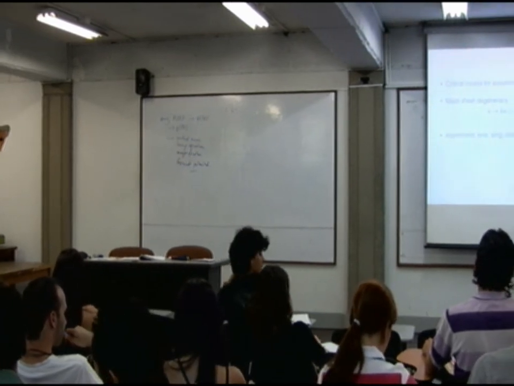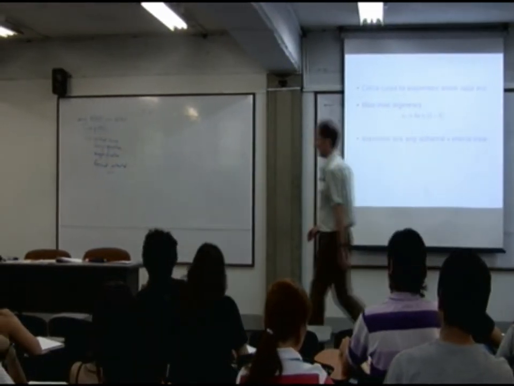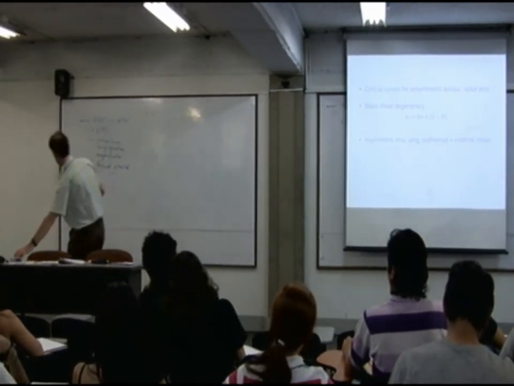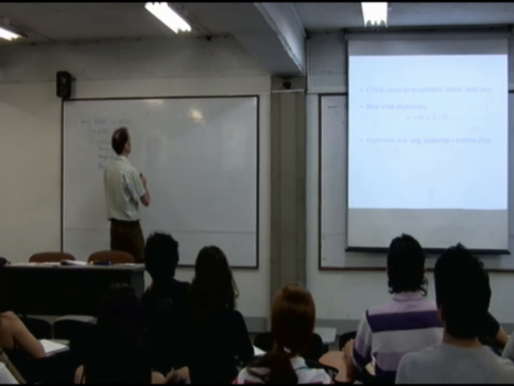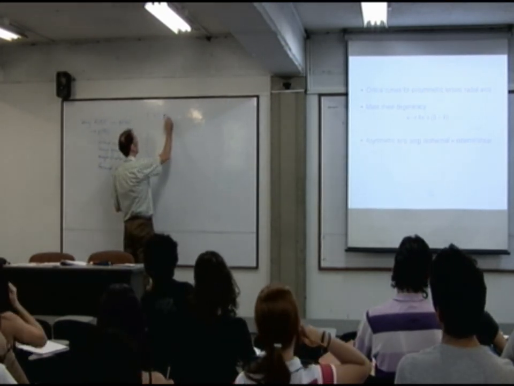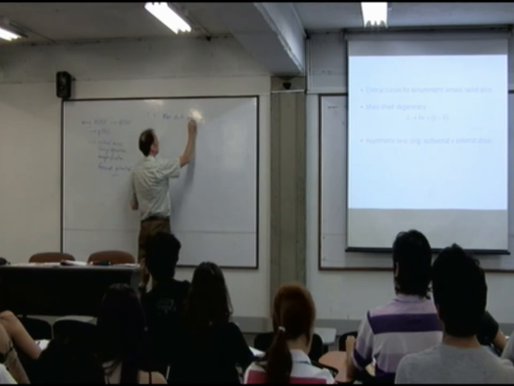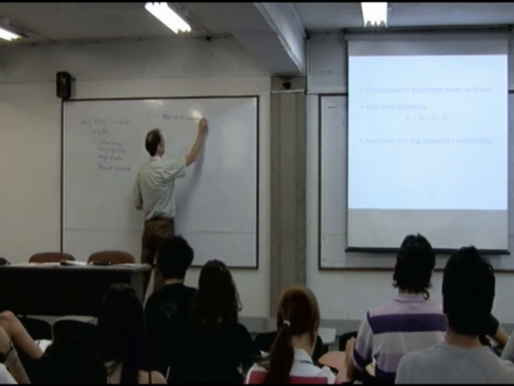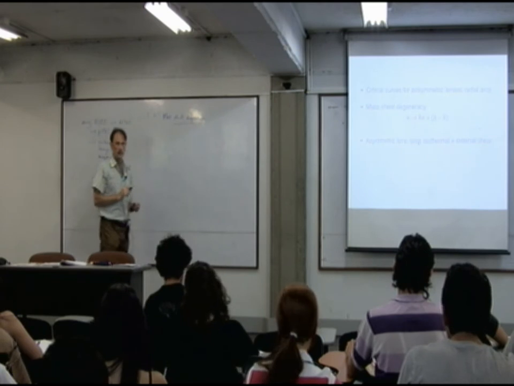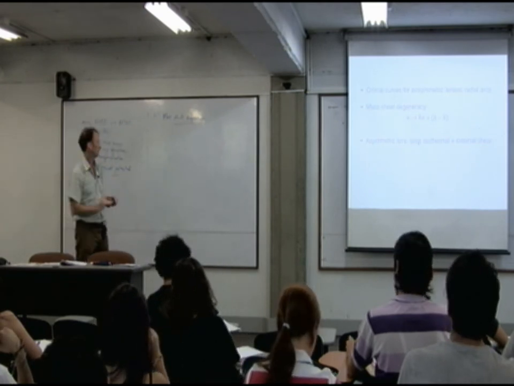There's one other thing which I have to show you, which is a limitation of lensing, which is called the mass sheet degeneracy. This is the last piece of mathematics that I'm going to give you today.